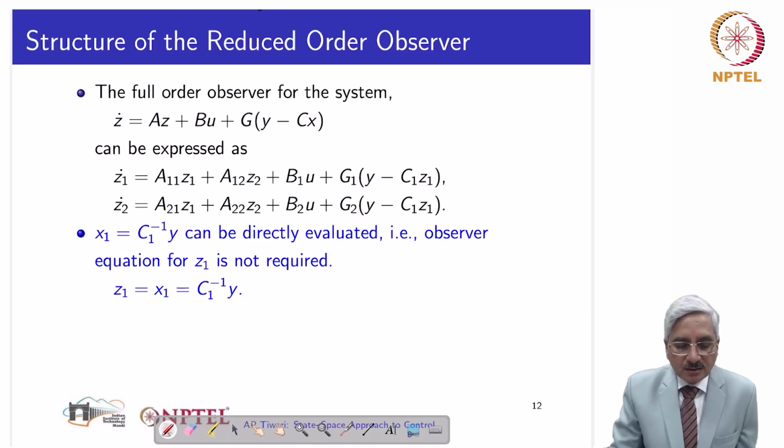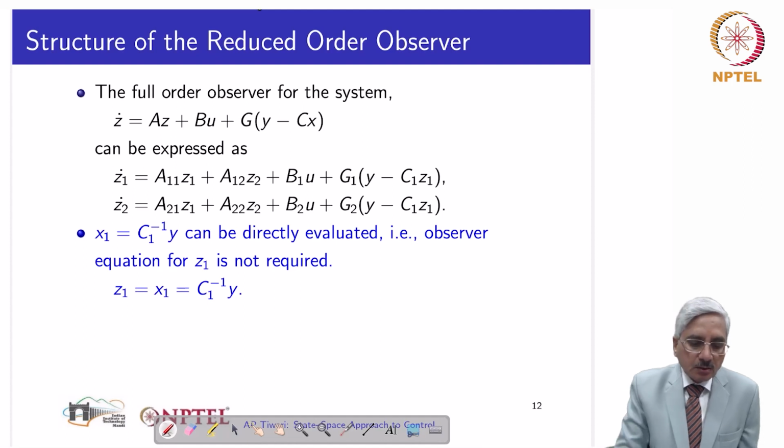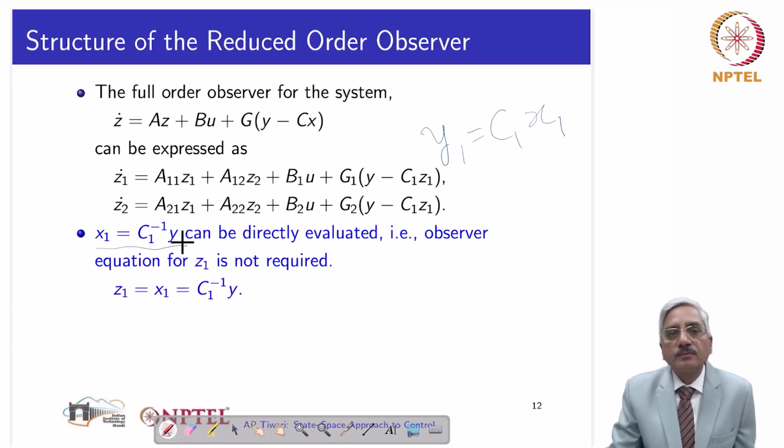Now we make use of the output equation, where the outputs depend only on the states x1. So using y equal to C1 x1, we can write x1 as C1 inverse y, and then it is a matter of straightforward calculation.